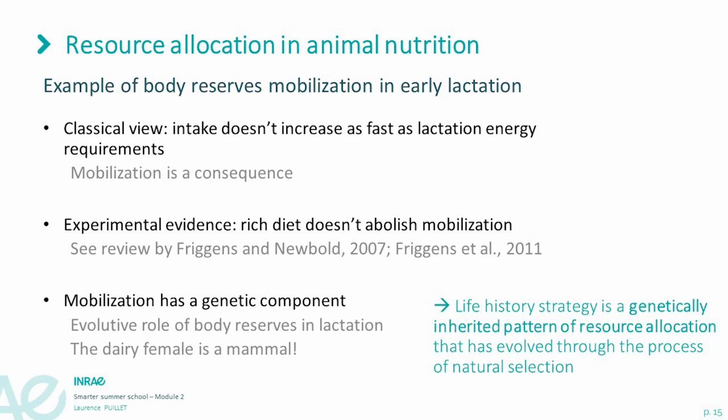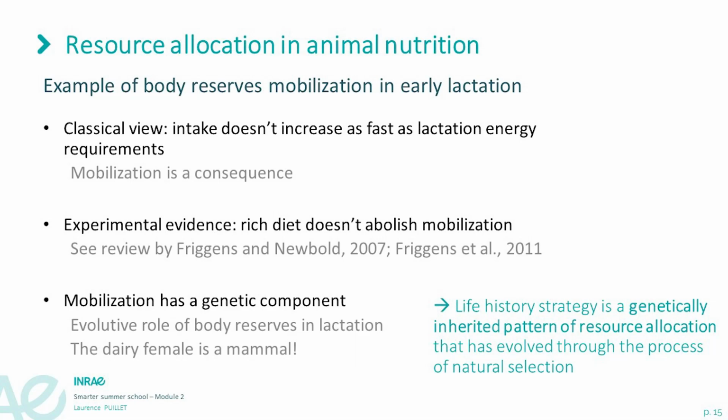An example of this key role of body reserves is mobilization in early lactation. Because the classical view, at least in my field, was to say that intake doesn't increase as fast as the requirement, so mobilization is a consequence. But if you look at some experimental evidence, it's impossible to completely cancel body reserves mobilization in early lactation.